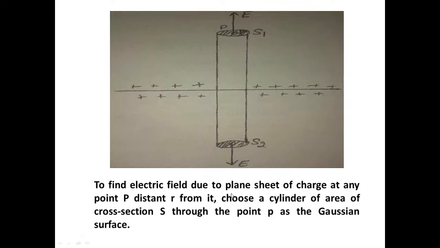To find electric field due to plane sheet of charge at any point P, any point distant r from it, choose a cylinder of area of cross section S through the point P as the Gaussian surface, this cylinder.